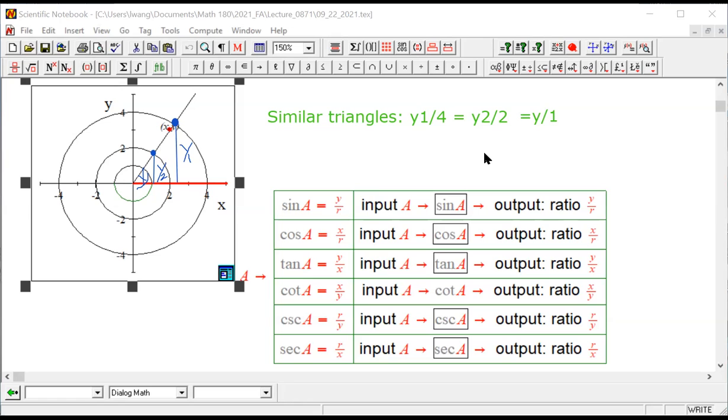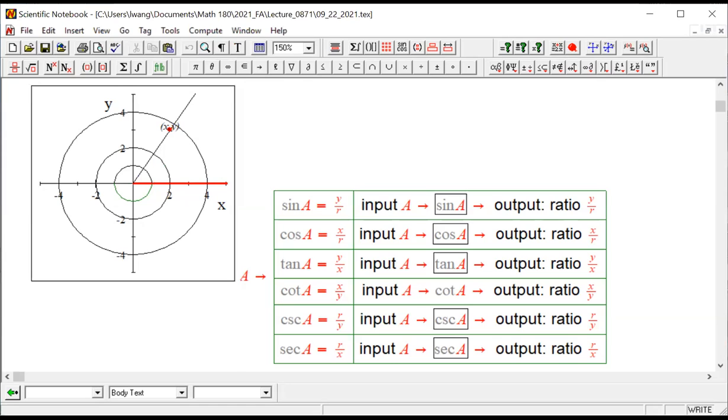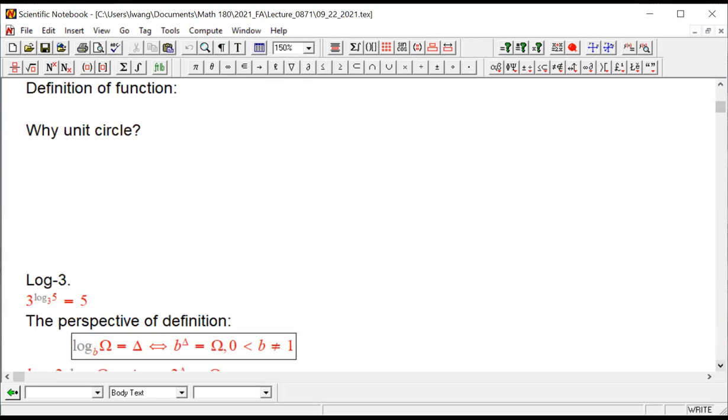If you have taken trigonometry, you have learned this. I just want to review this so everybody will see it. With that said and done, let's see what happens if we choose the unit circle.